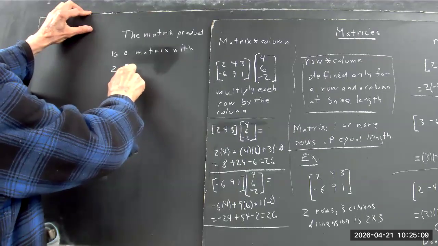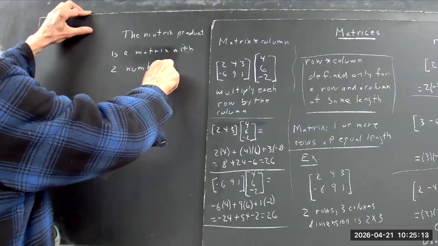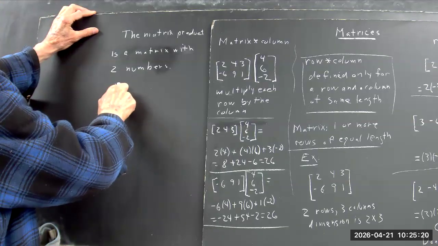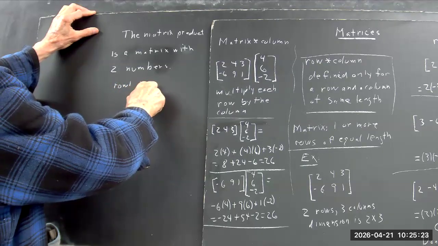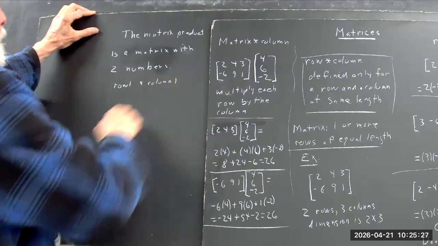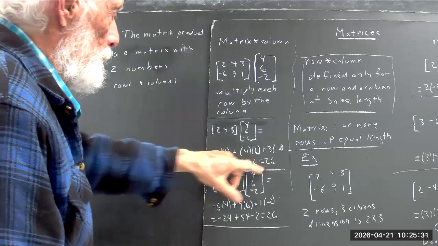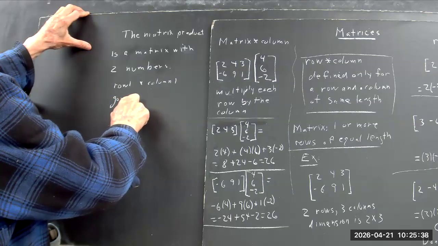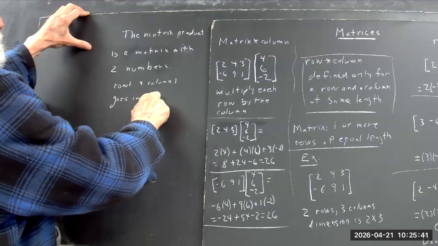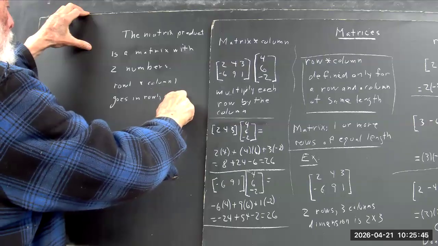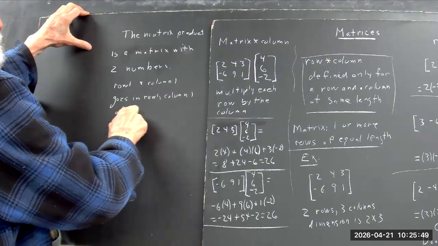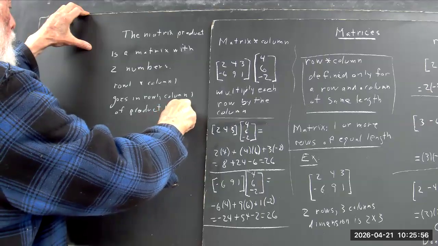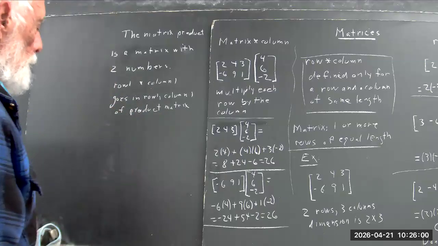With two numbers. Row one times column one, the first calculation we did, where we got 26. It'll go in row one, column one of the product matrix.